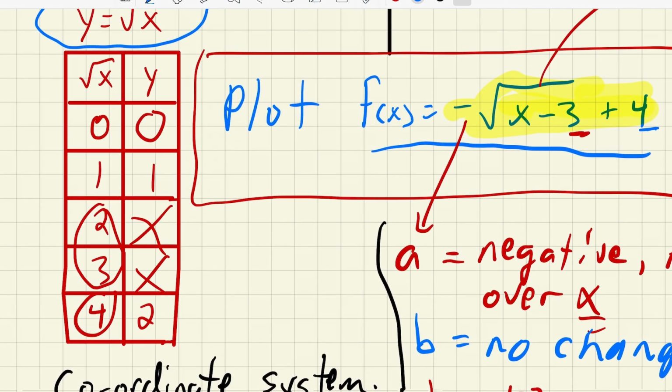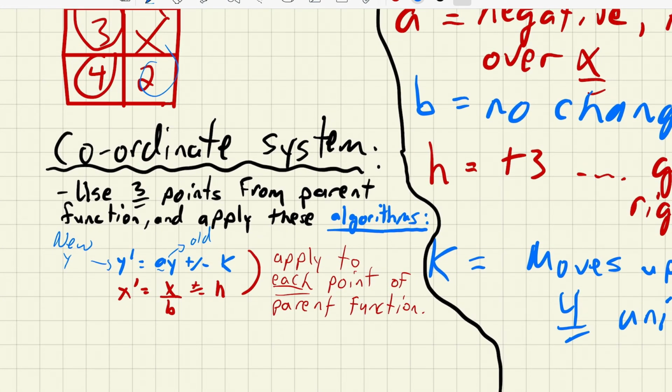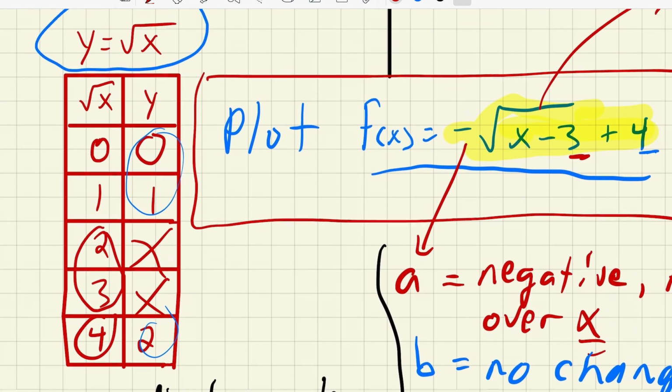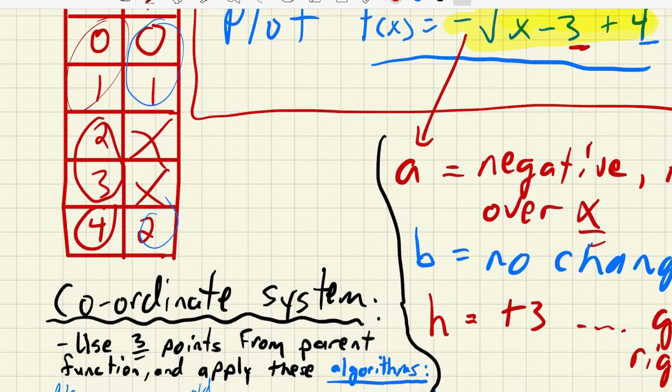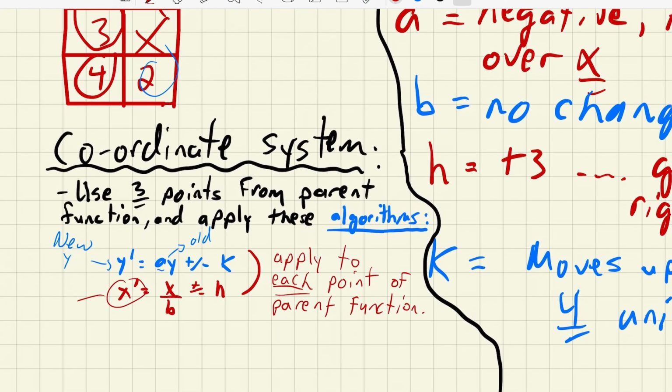So that would be these values over here, plus or minus k, depending on whether k is negative or positive. As well as for the x, this would be the old x value, meaning these in the parent function, is equal to x divided by b, whatever that b would be, plus or minus h, again depending if it is positive or negative.